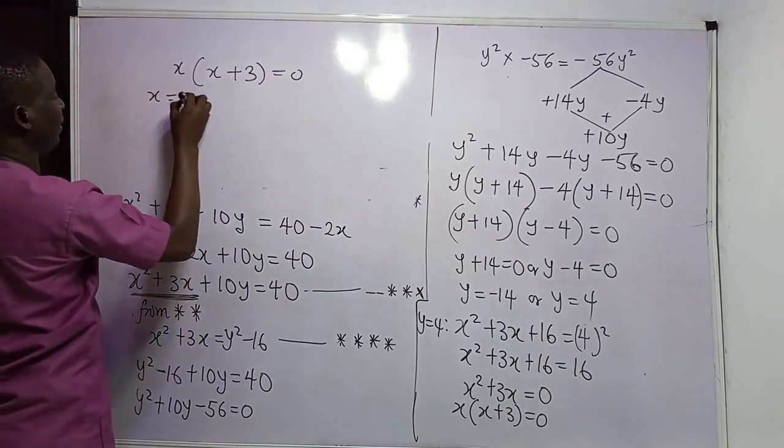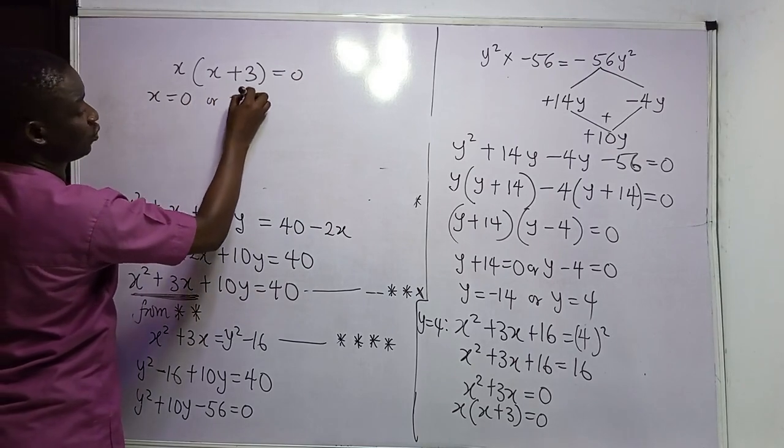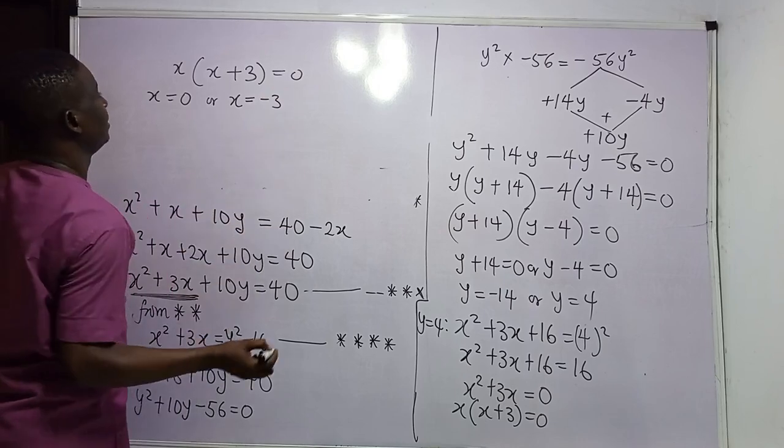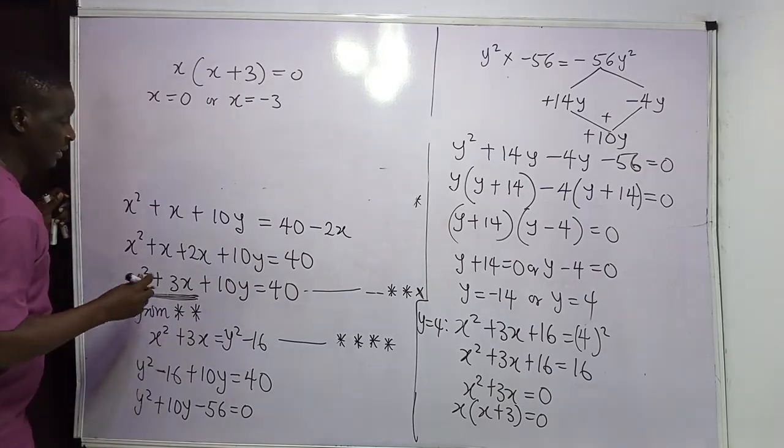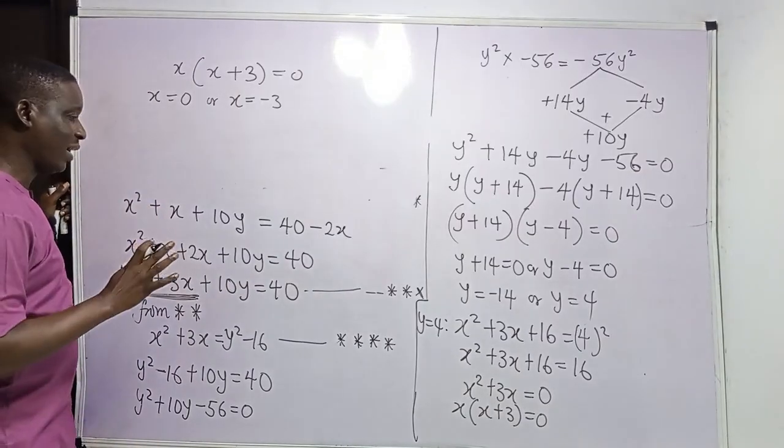Therefore, x equal to 0 or x equal to minus 3. That means if you equate this one to be equal to 0, you are going to have minus 3.